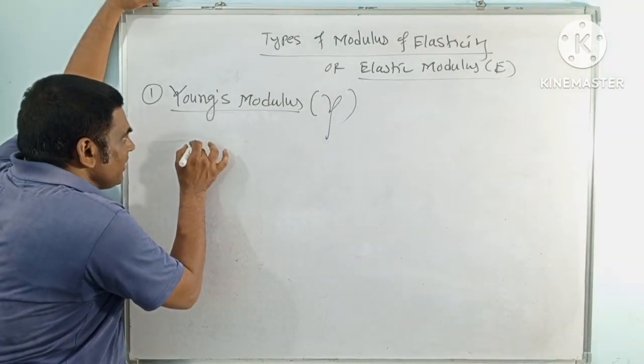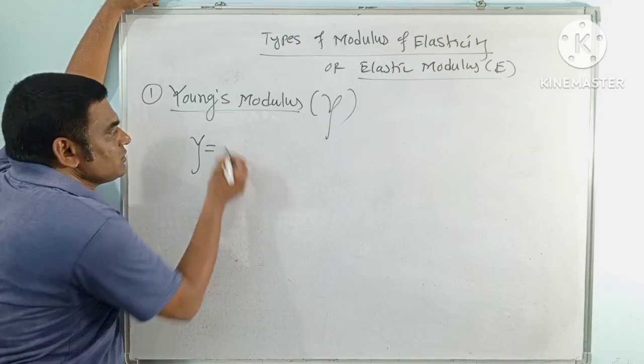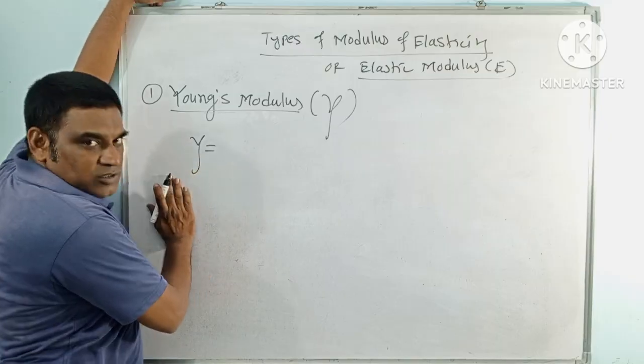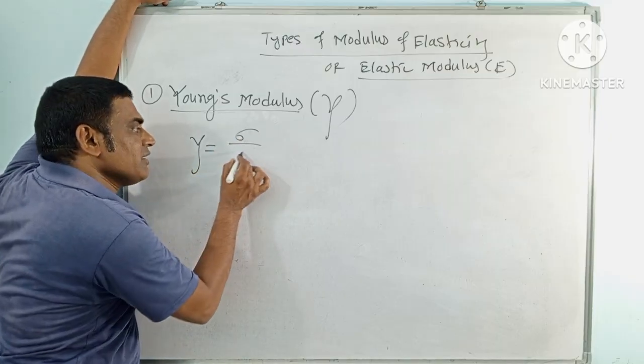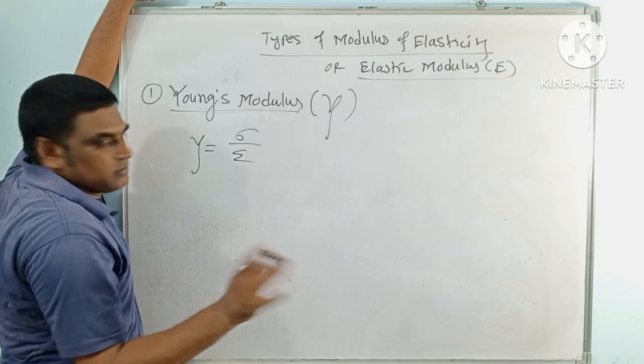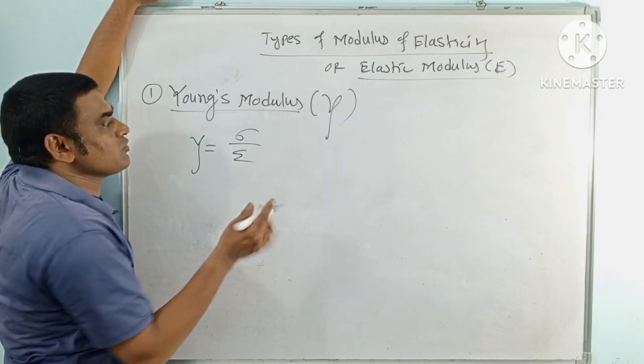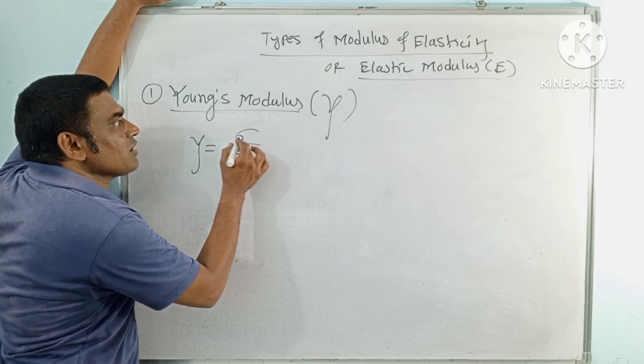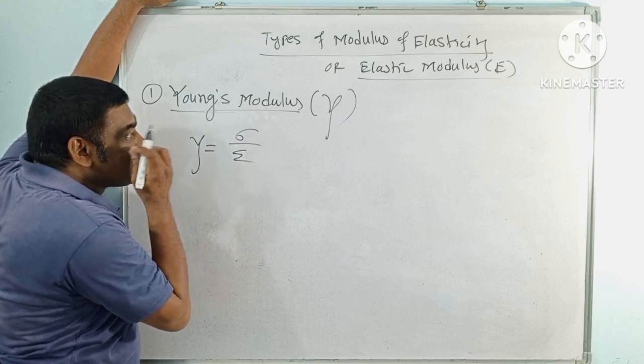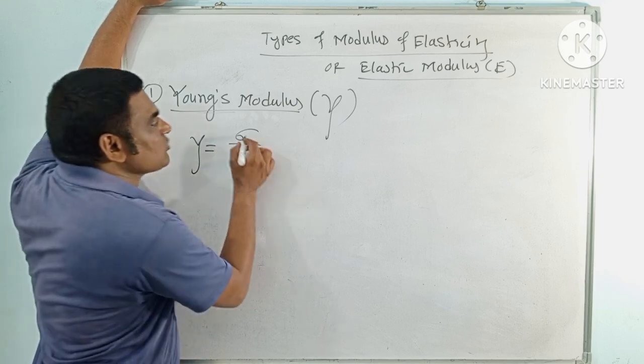Young's modulus is basically the modulus of elasticity, which means stress by strain. Everything is the same, unit same, formula same. The only care we have to take is that here the force is direct stress.